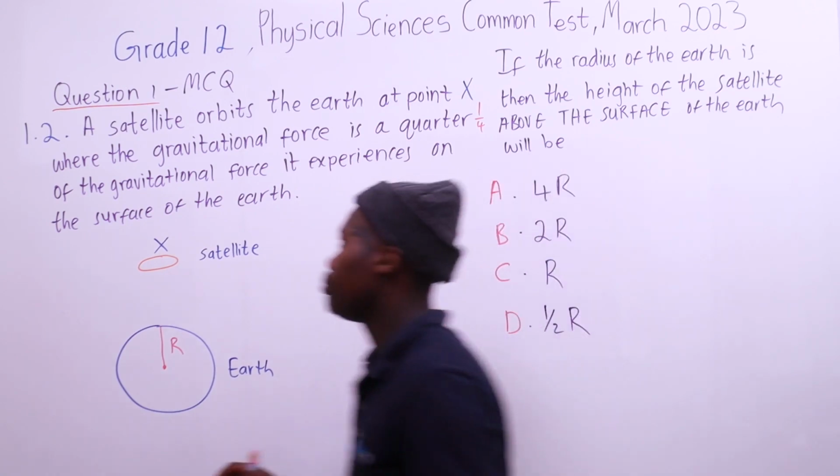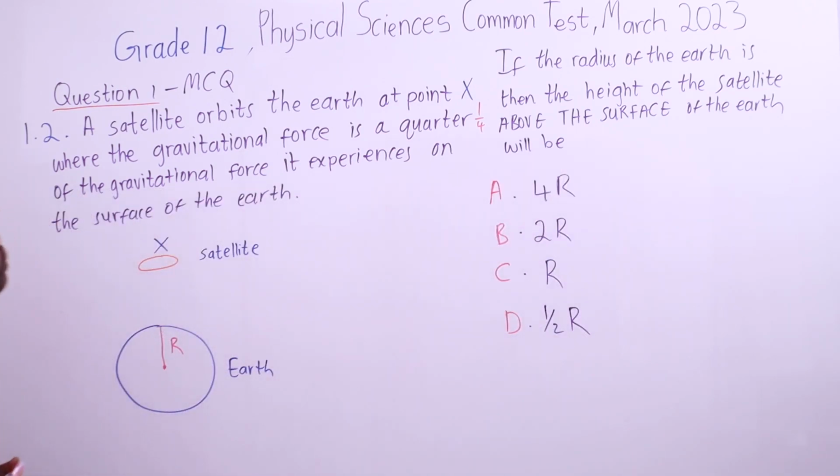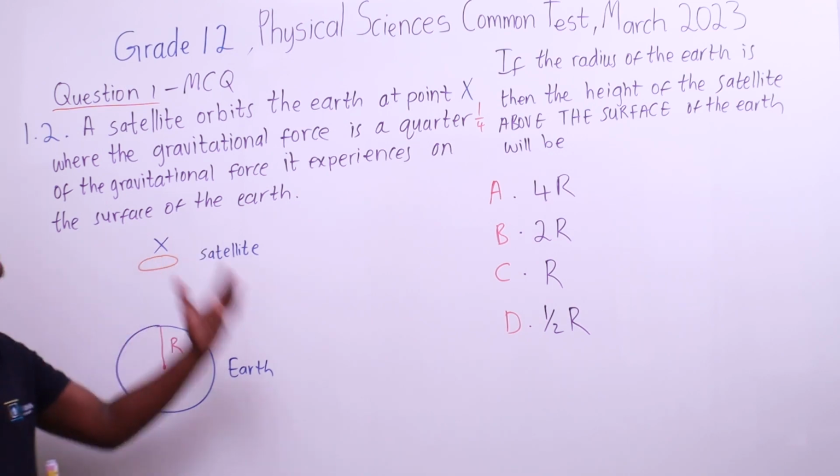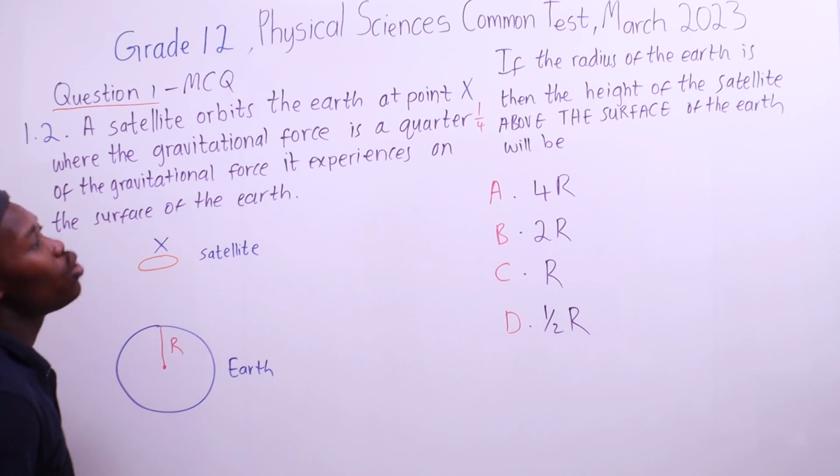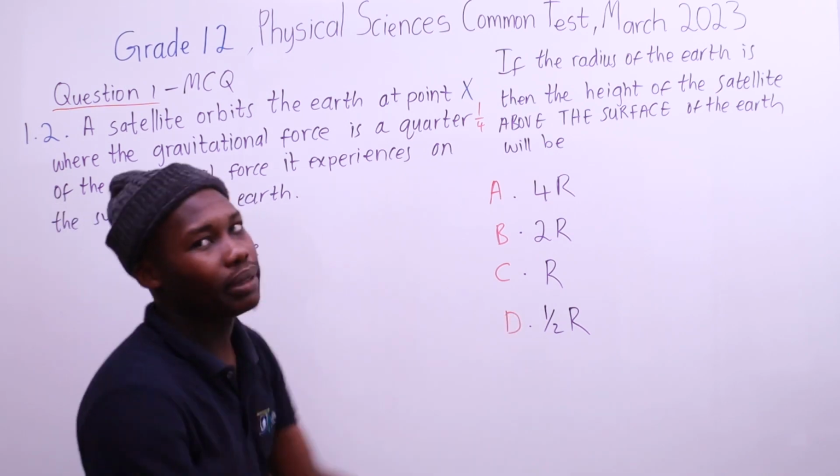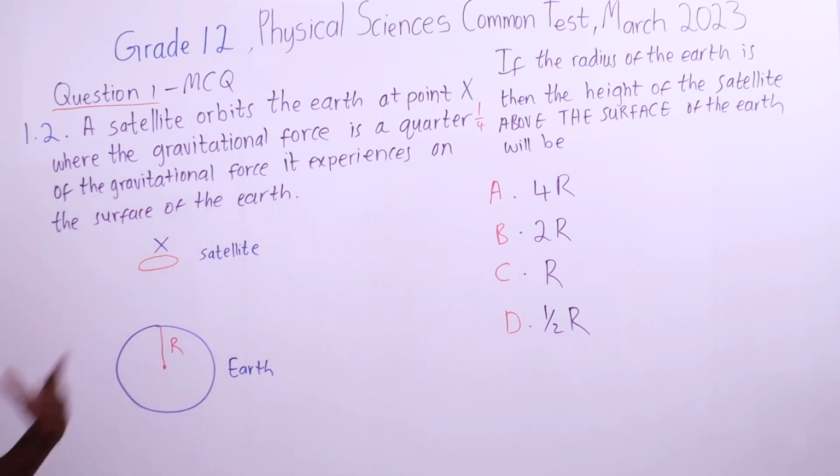Alright, so now umbuzo nala question 1.2. A satellite orbits the Earth at point X, where the gravitational force is a quarter, 1/4, or 25% of the gravitational force it experiences on the surface of the Earth.